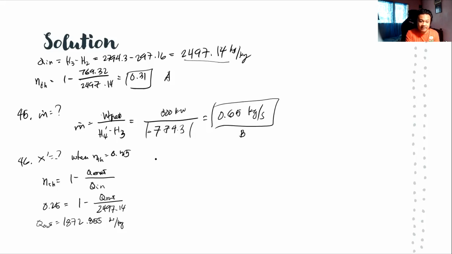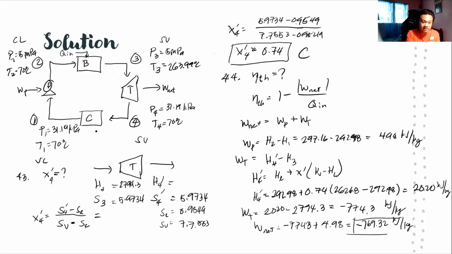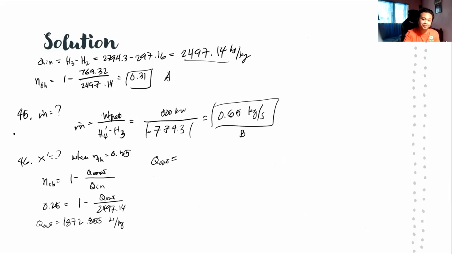So Q out based on our diagram is here. Heat is released here because the steam is going from a saturated vapor to a saturated liquid, so it has to give up its latent heat. So it is the difference of the enthalpy at state 4 and the enthalpy at state 1. So let's put that here.